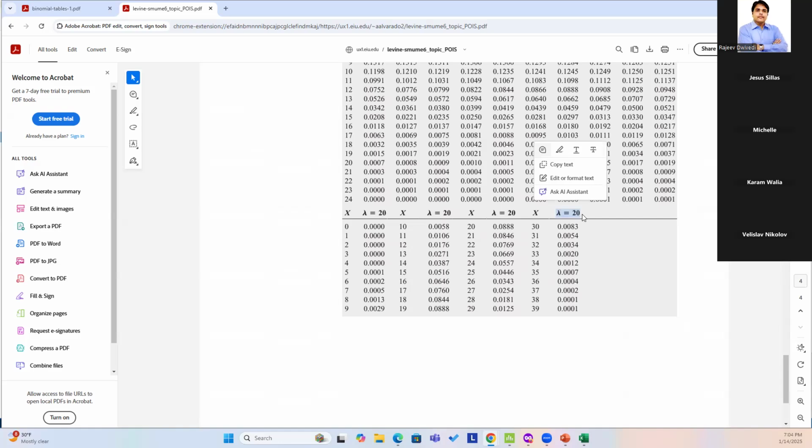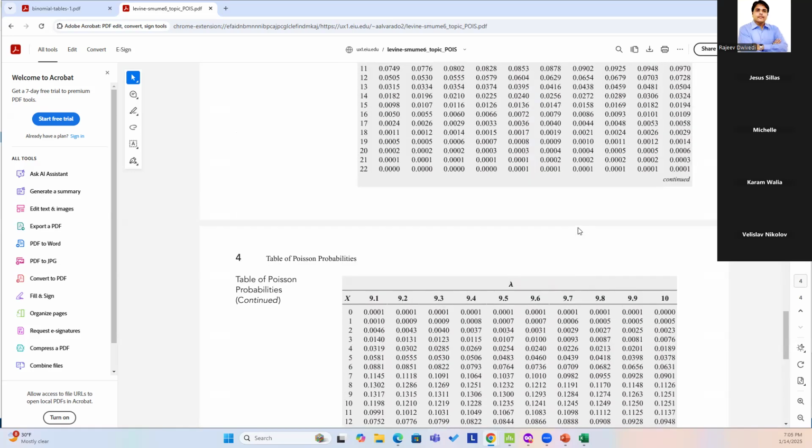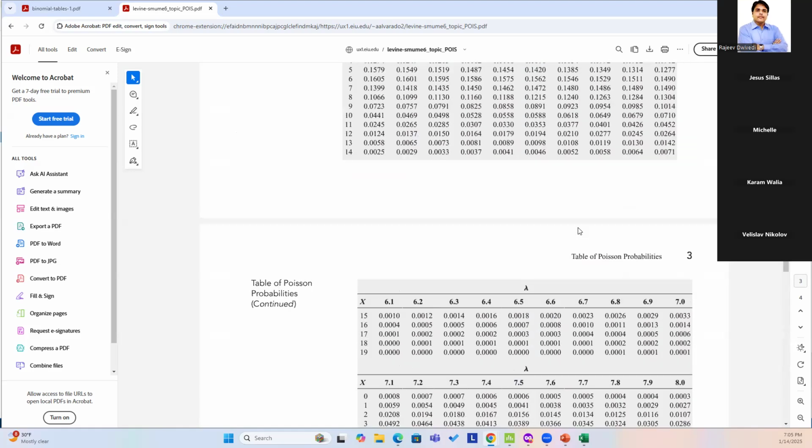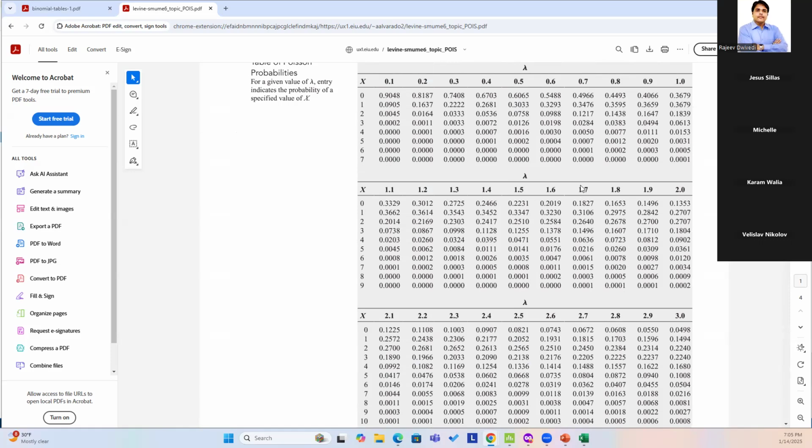After lambda equal to 20, there is nothing. So if lambda is higher or n is higher, all distributions convert into the normal distribution.